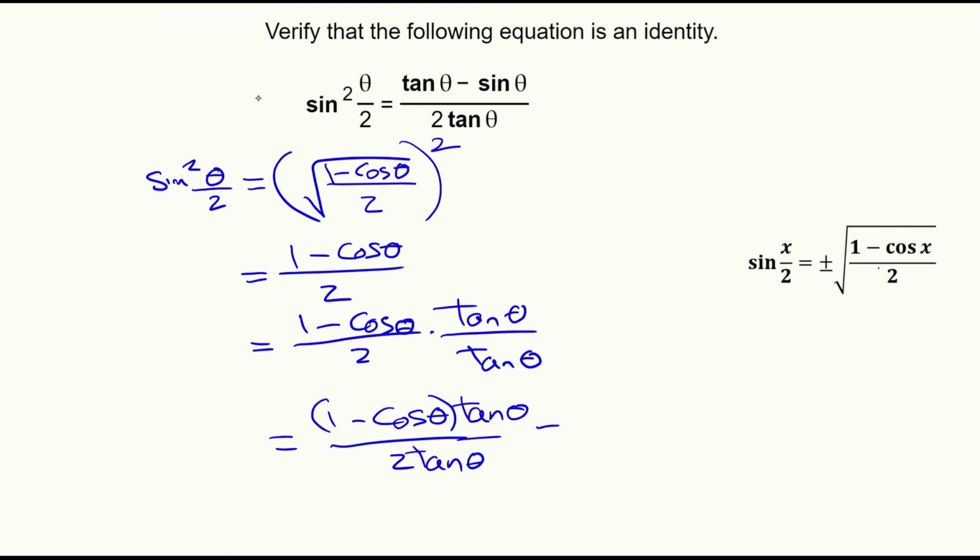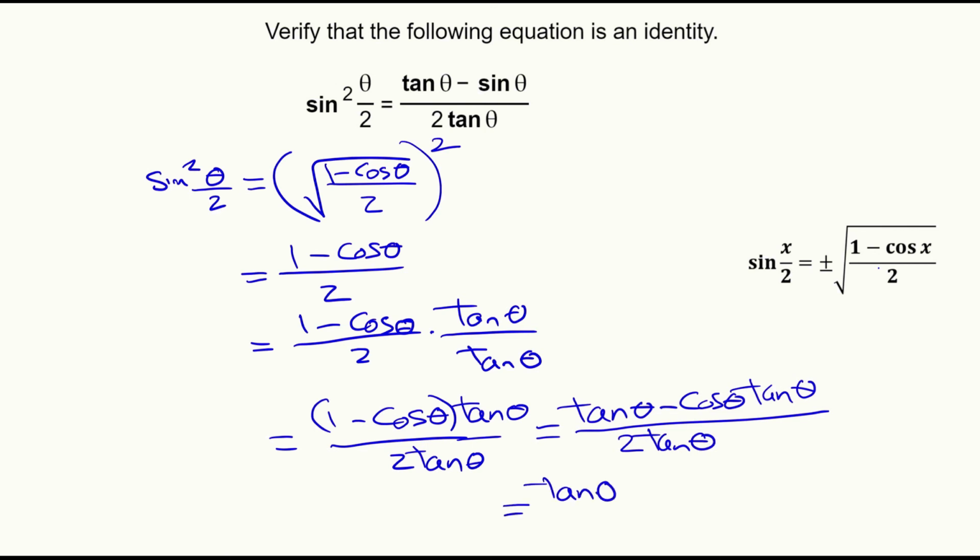So now if we distribute, we end up with tangent theta minus cosine theta tangent theta over 2 tangent theta. Can you feel it? We're almost there, right? So we get tangent theta minus cosine theta tangent theta.